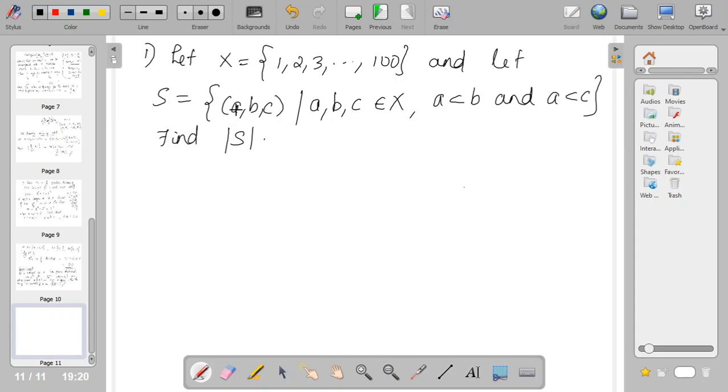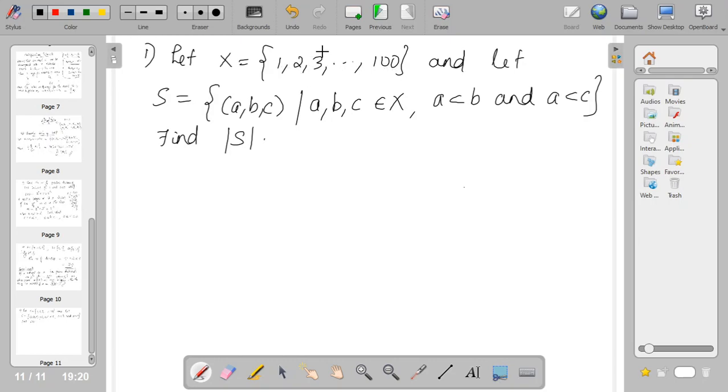So you can take case 1 as when A is equal to 1, then A is equal to 2, up to A equal to 99. Now if A is equal to 1, for example, then B and C can take any value from 2 to 100.